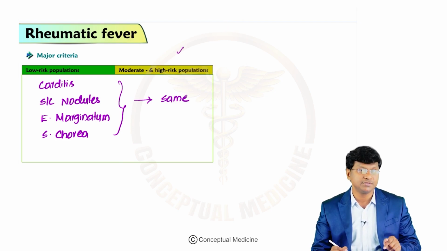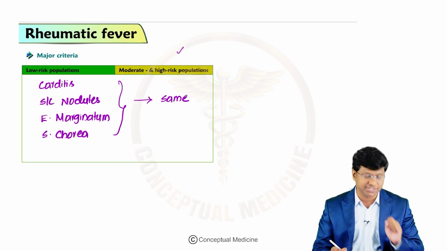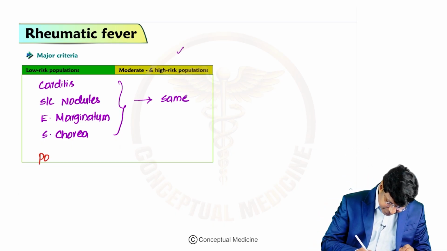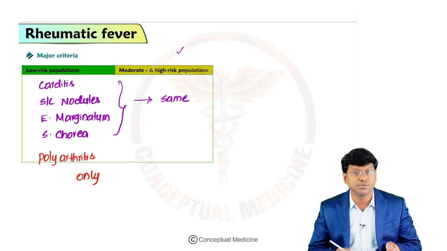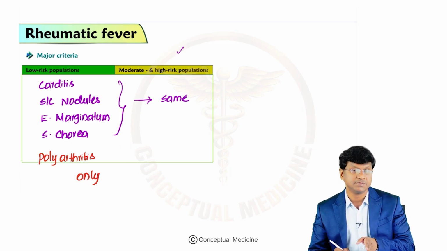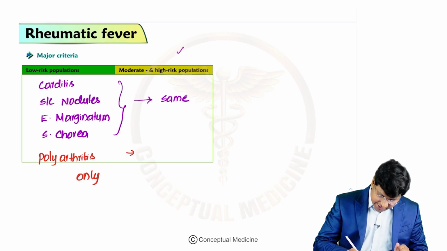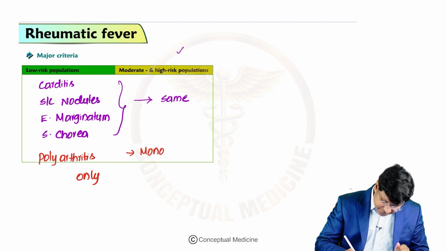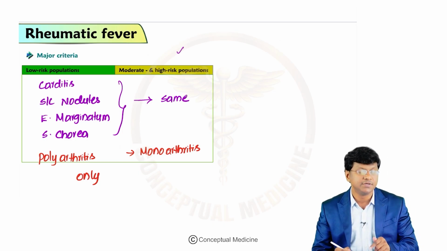In low risk population, only polyarthritis is taken as a major criteria. Whereas in moderate to high risk population, regarding the arthritis, even if it is monoarthritis, that is sufficient for the major criteria.